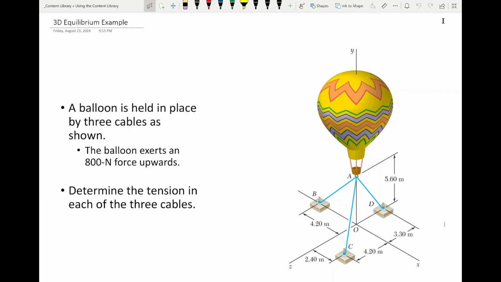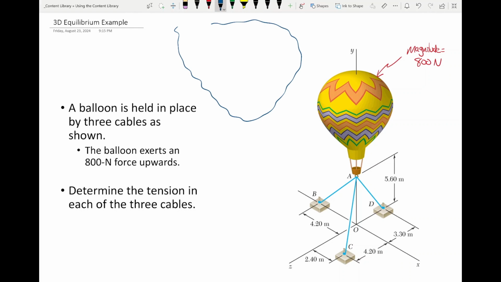Just to make sure we're all on the same page, we know that the magnitude is 800 newtons, and our free body diagram is really straightforward.